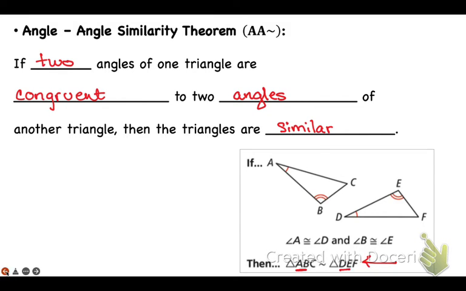DE. They're named correspondingly, right? So I have BC corresponds with what? EF. And AC corresponds to what? DF.